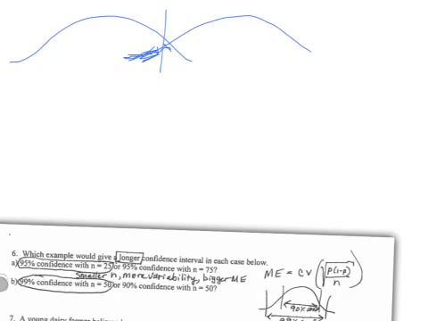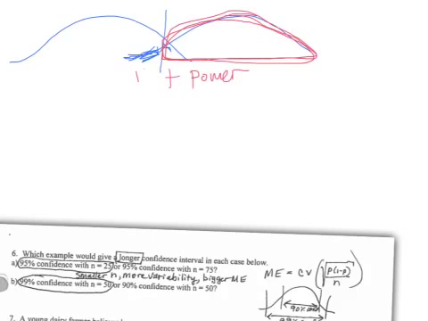And then this section over here was our power. Power is the probability to reject the null if it's false indeed. So power plus type 2 error was 100% of a curve.